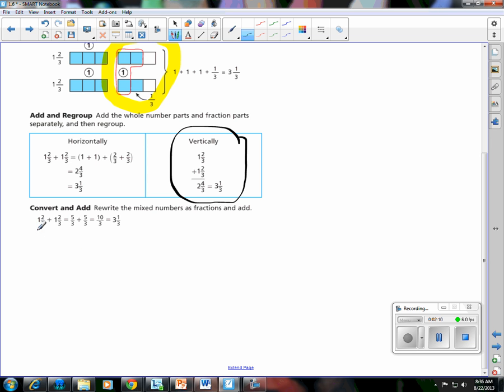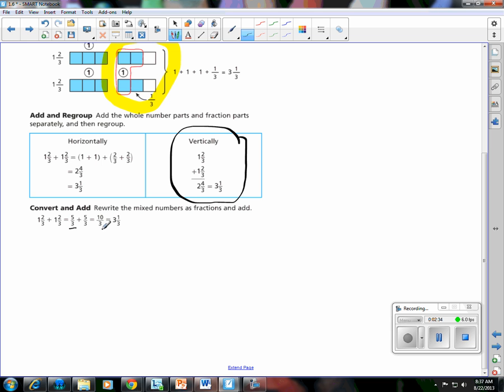The other thing that you could do is convert them all to improper fractions and then add and unconvert. I think that's a lot of steps, but if that's what works for you, go for it. So this one you would be taking 1 2/3 and converting it to 5/3. You can see that done right here, because 1 times 3 is 3 plus 2 is 5, so 5/3. And then the same thing here.